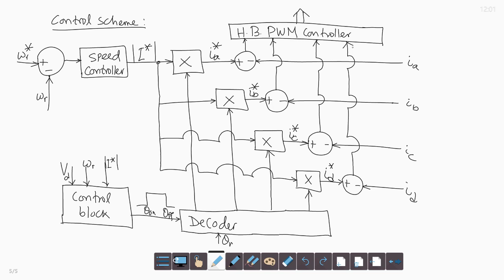On off gives the duration of the pulse, and depending upon the actual rotor position theta r, with exact timing, the corresponding reference current is generated and compared with the actual phase current, and the error controls the hysteresis band PWM controller. So, this is the control scheme of hysteresis band PWM current control.